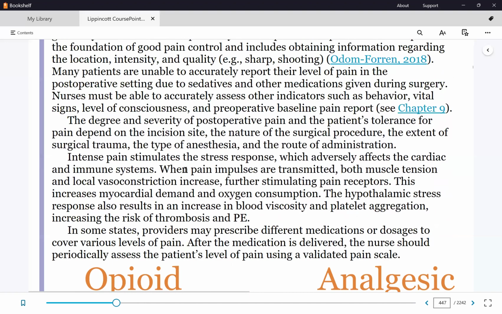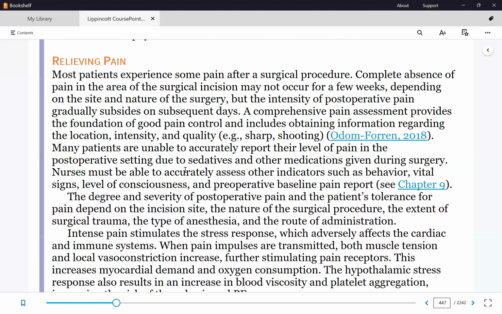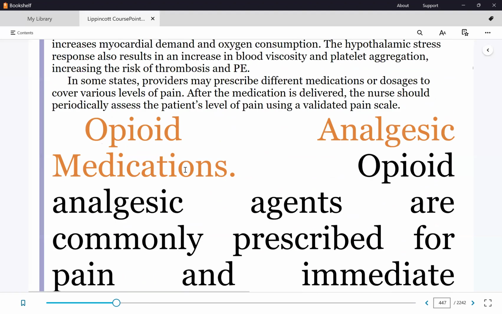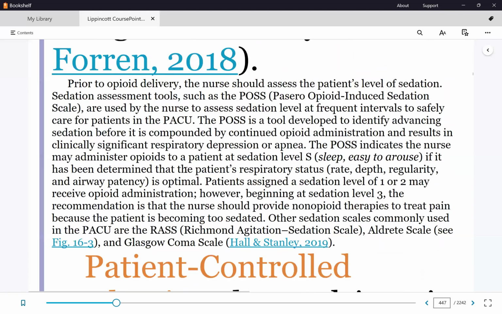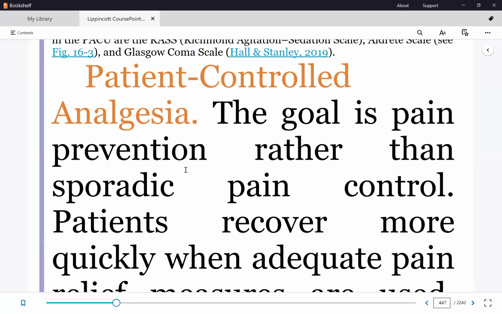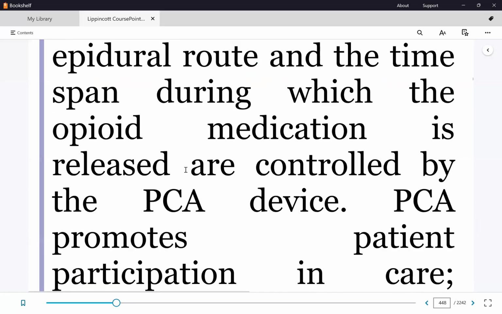Pain management encourages ambulation, and ambulation in turn prevents pneumonia and also DVTs. PCA, we already discussed last semester under pain. Won't repeat that.